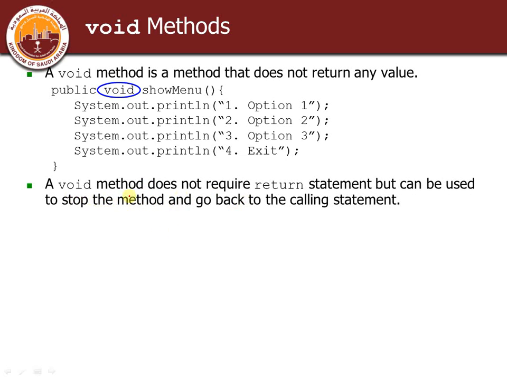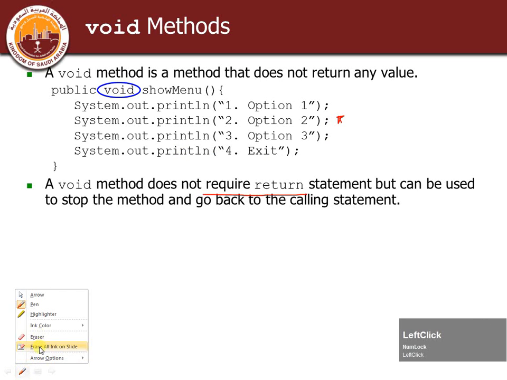And it says that the void method does not require. It doesn't mean that it does not allow to have a return statement. Let me show you quickly what would happen if I erase all of it and imagine that in the middle between those statements I have return 5.